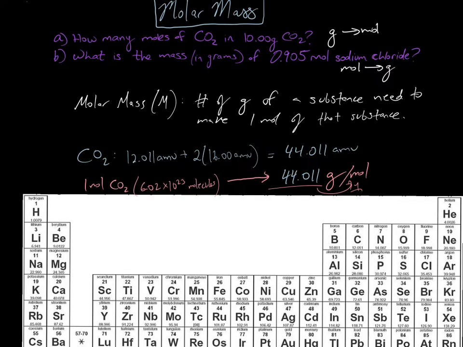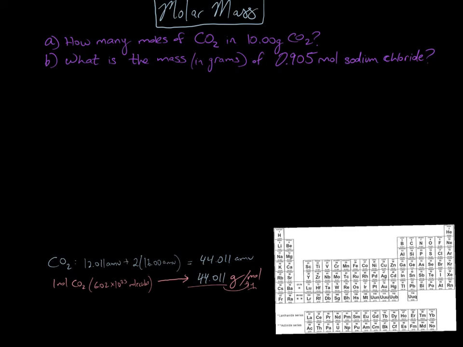Now we're going to apply it to these 2 problems, and I'll also introduce dimensional analysis and how we use that to solve these problems. Let's start with problem A. How many moles of carbon dioxide are in 10 grams of carbon dioxide? The way I like to solve these problems is by writing down the given first. So we're given 10.00 grams of carbon dioxide.